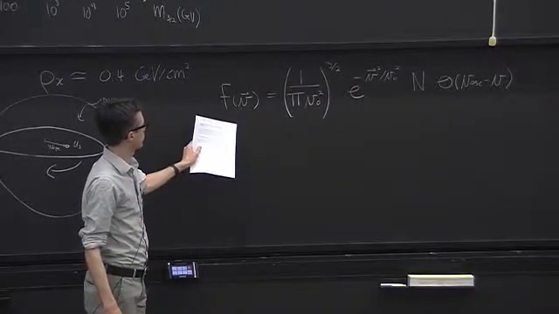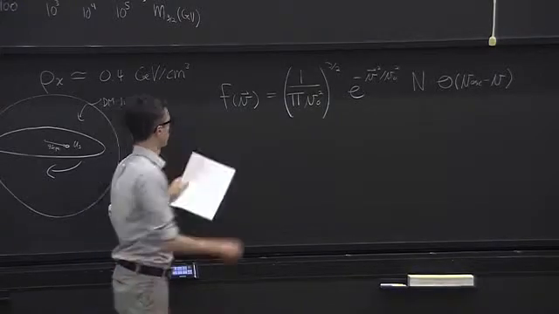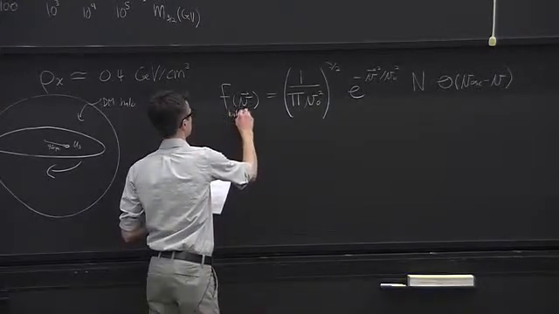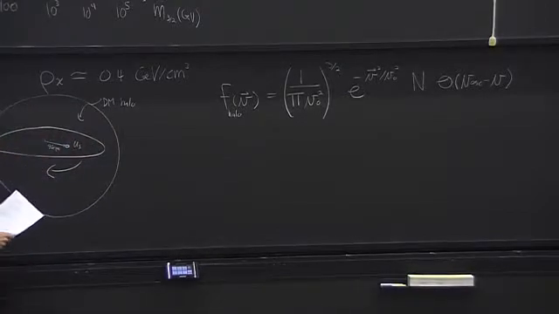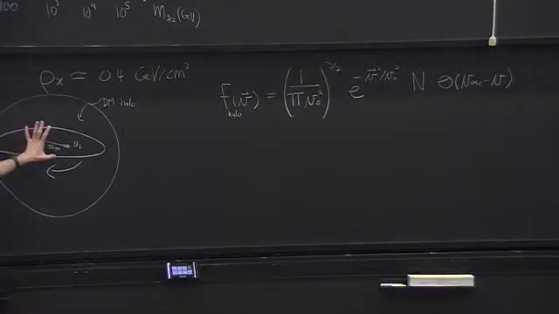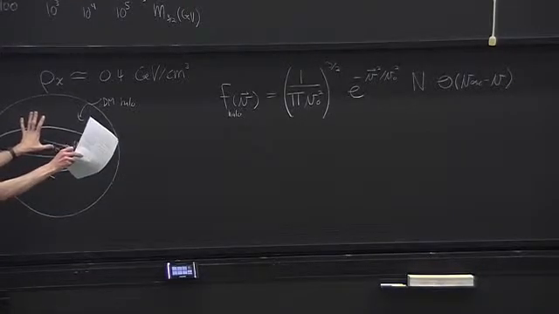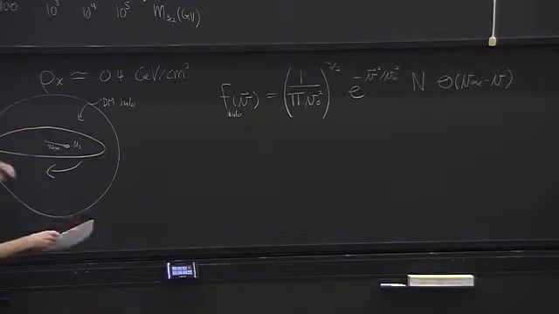But this is the dark matter velocity distribution in the halo frame. So what I mean by this is if we were at rest relative to the halo, if we weren't rotating around, this is the dark matter velocity distribution we'd see. It'd just be this Maxwellian form.